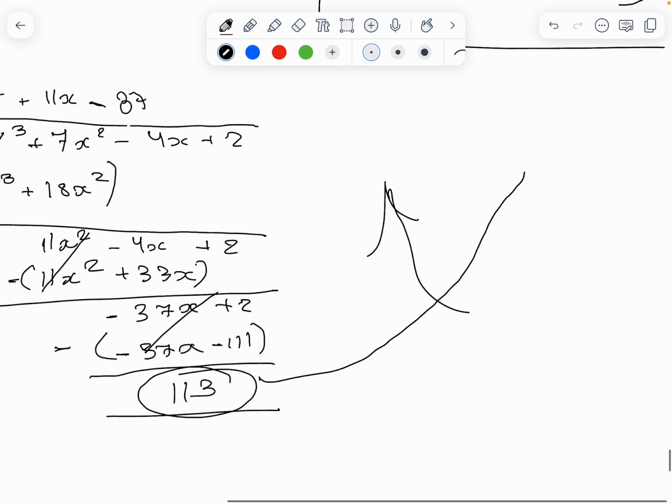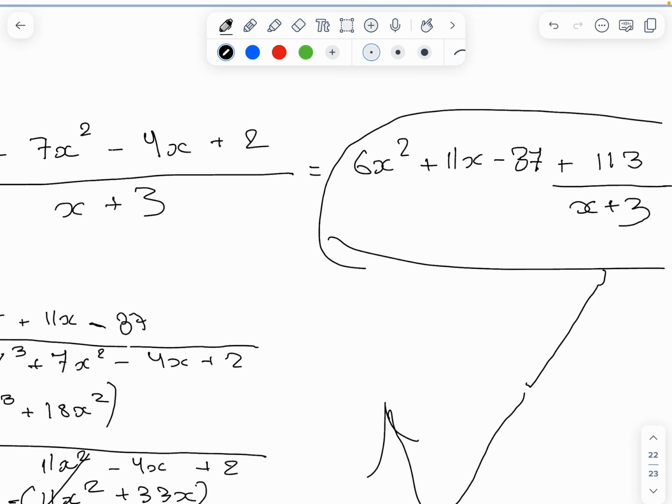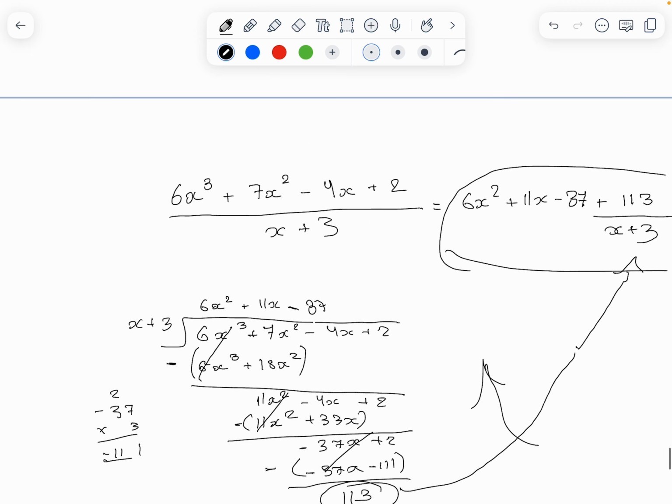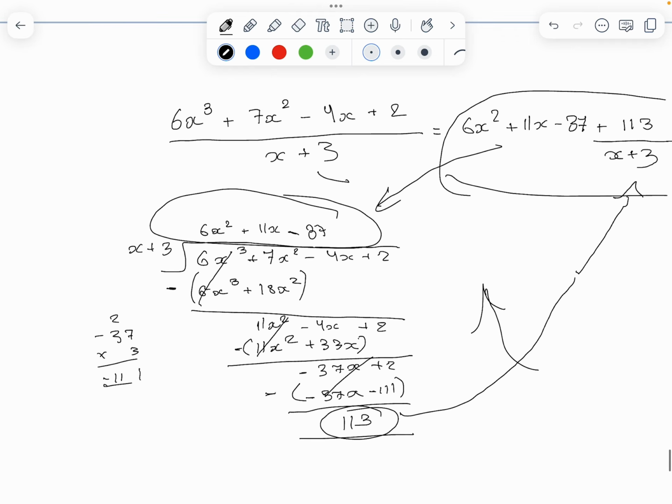The remainder will end up going here, and the denominator of the actual question will go under it to complete it. The quotient will become your answer along with the remainder.